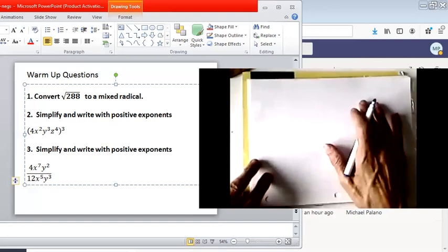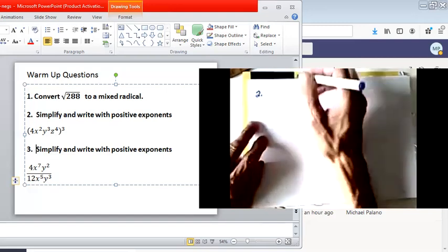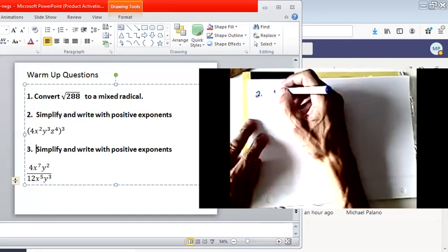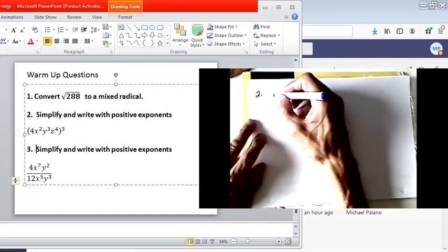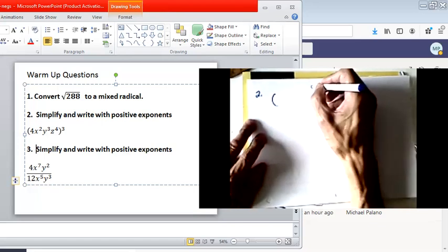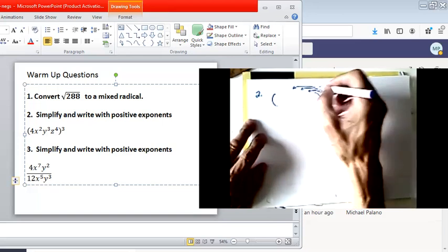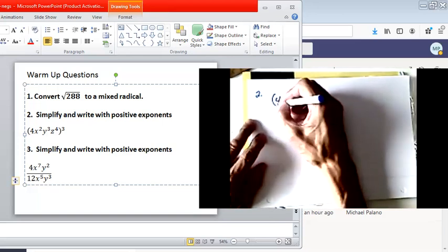Now, number two, looking at this goes to the exponent rules from yesterday. So the thing to recognize is that this 3 on the outside goes to each thing on the inside. So it's going to go to the 4.